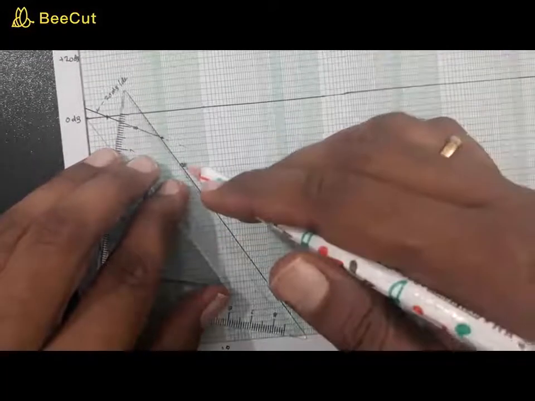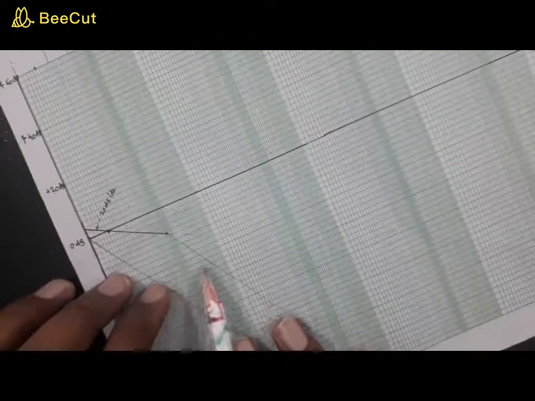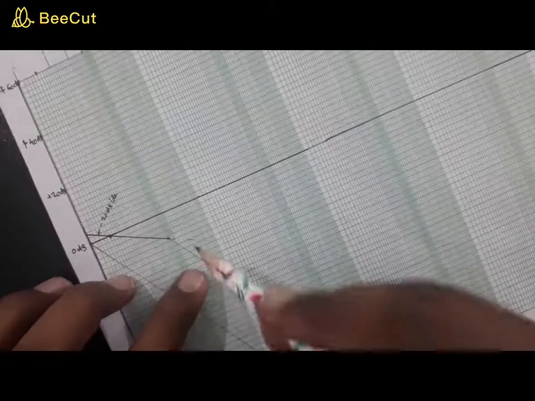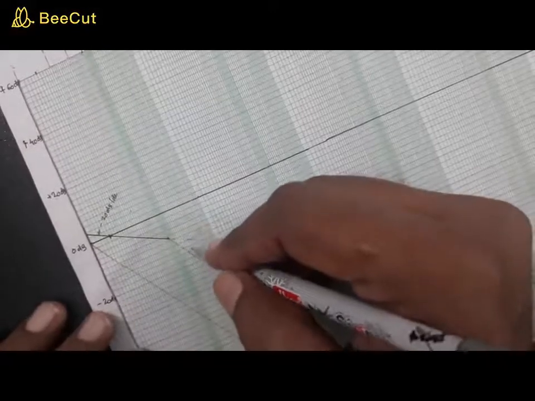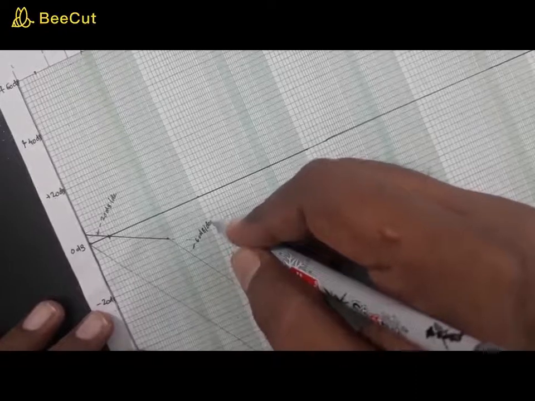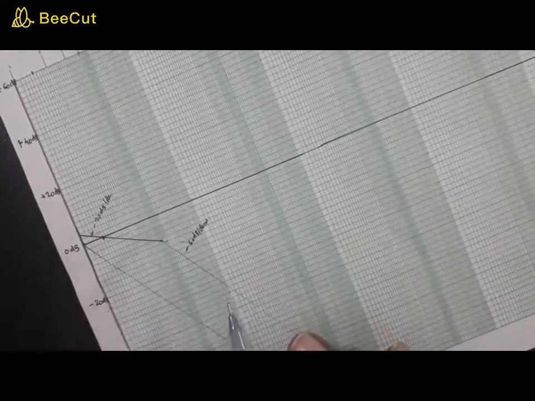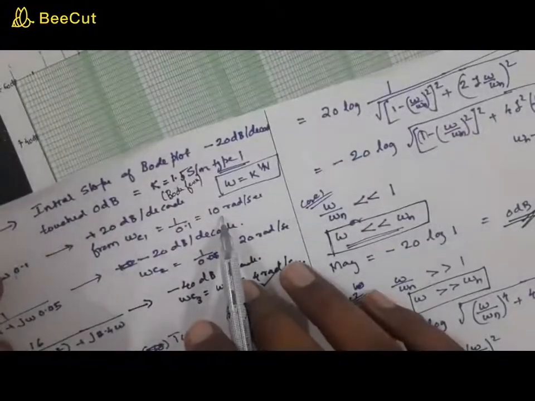That will be minus 60 dB per decade. Now I have drawn this as the minus 60 dB line. This has a minus 60 dB per decade slope, and this effect continues up to 10 radians per second, right?